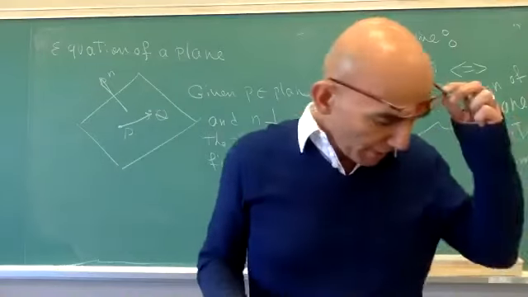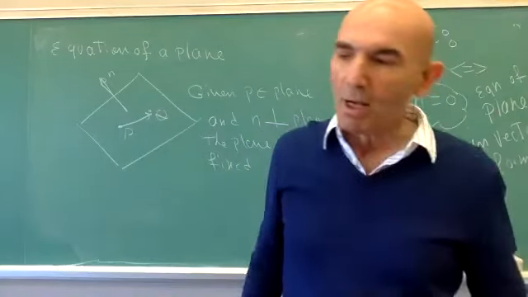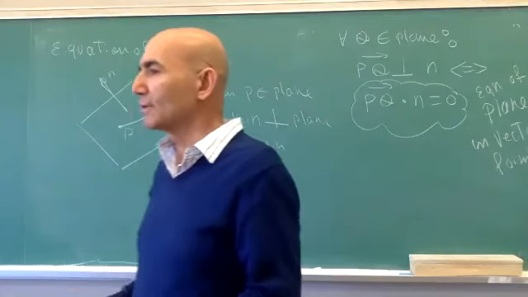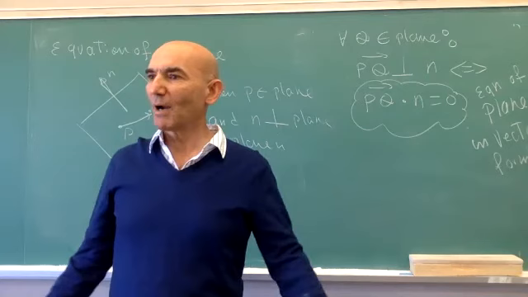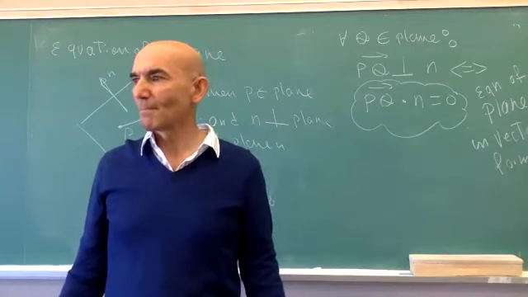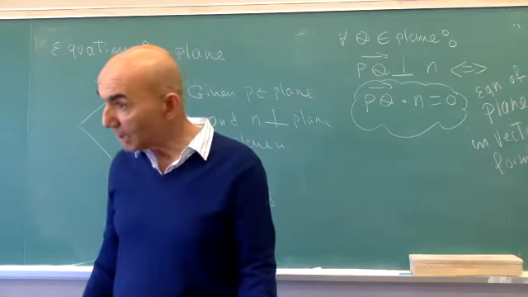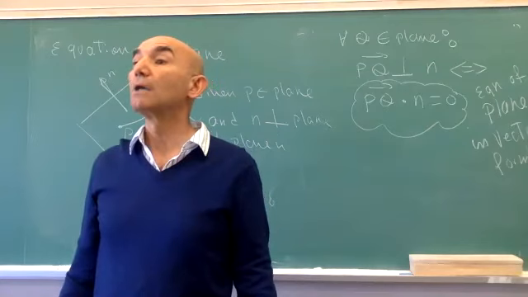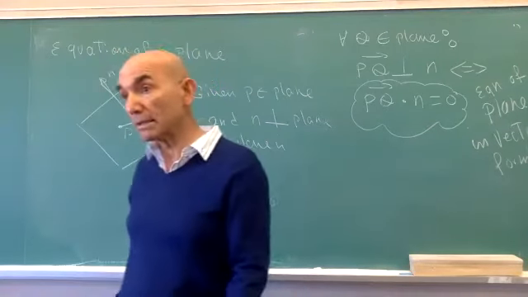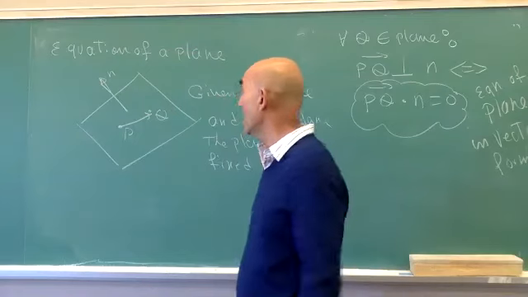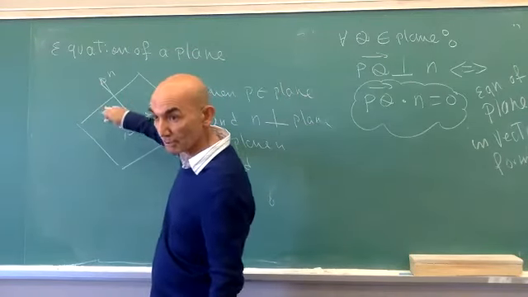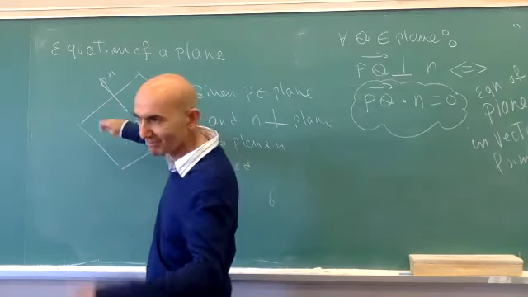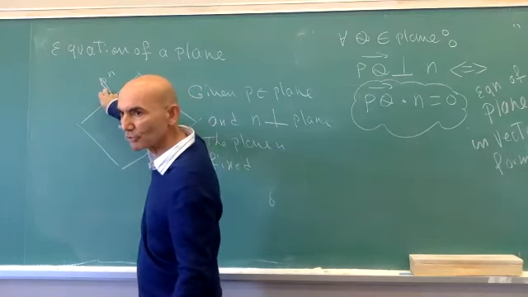Before moving there, let me ask you a question. How many parameters do you need in order to fix a plane in space? Twelve? Really? Also 6. Why? Because you need 1 point, which is three numbers, 3 parameters, and this vector n.